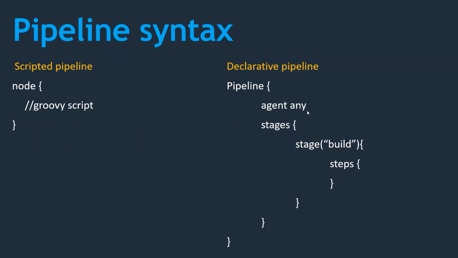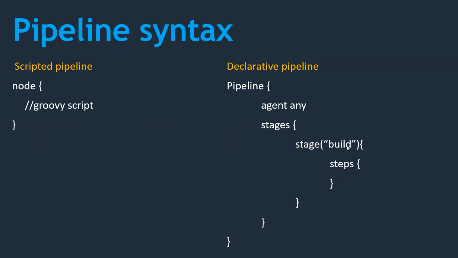If you remember, we have set up master and slave configuration, right? So agent defines whether it can build on master or slave. If you specify only a specific agent name, only this particular job is going to build on that particular agent. Next, stages, as we discussed, there are different stages, and you can specify the stages.